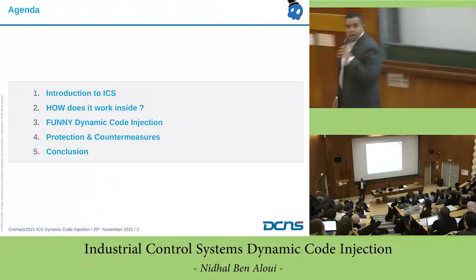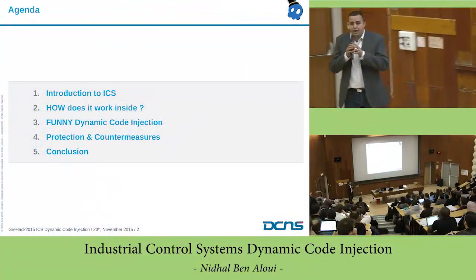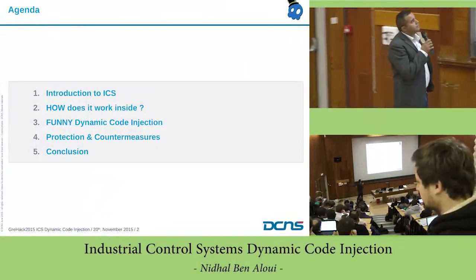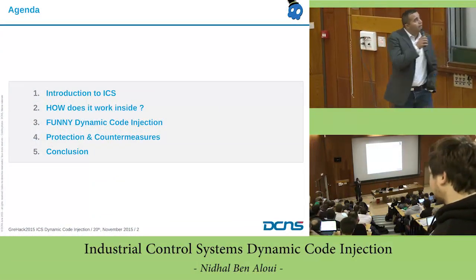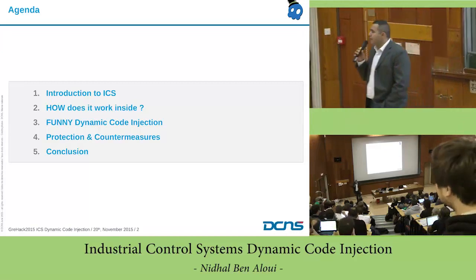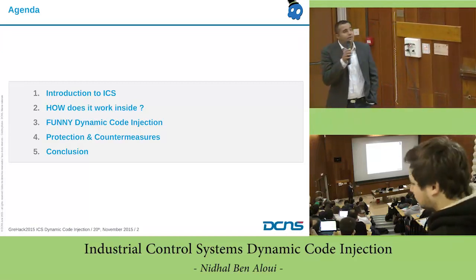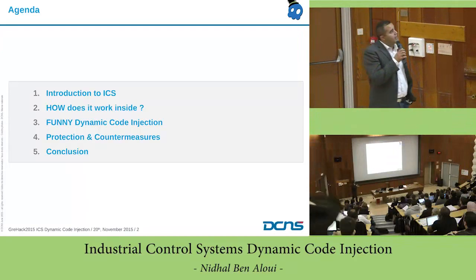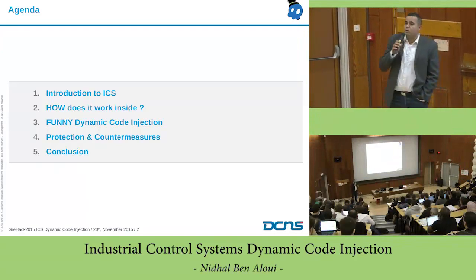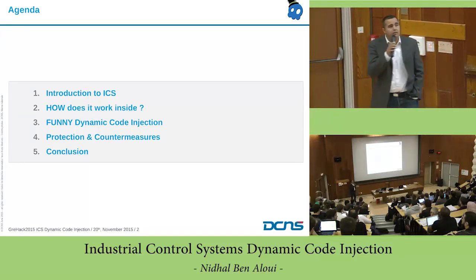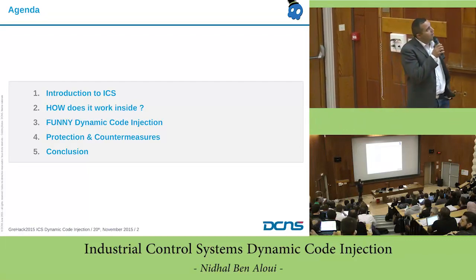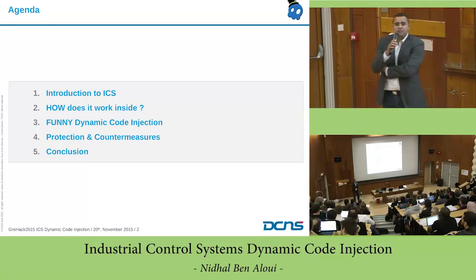So the agenda: first of all, I will introduce the ICS, Industrial Control System. Then I will try to explain in simple words how it works inside. After, I will show you a simple code in C language about dynamic code injection.